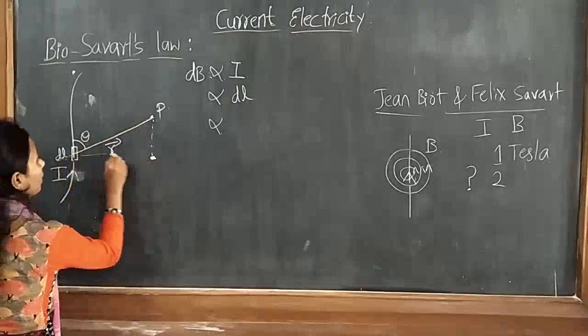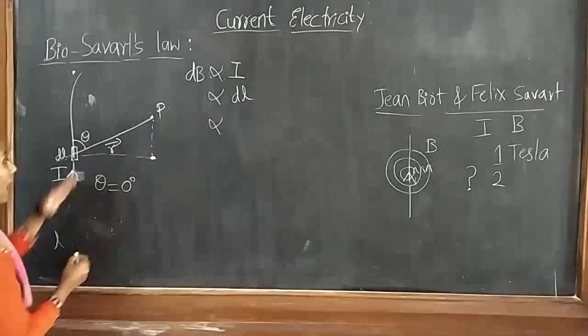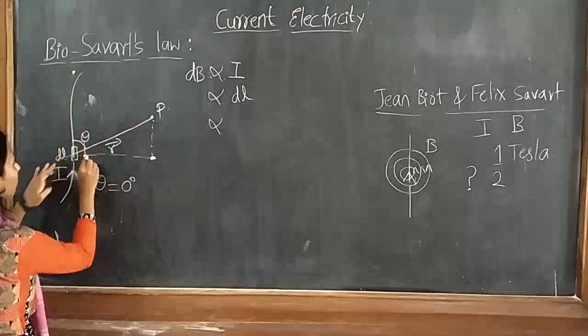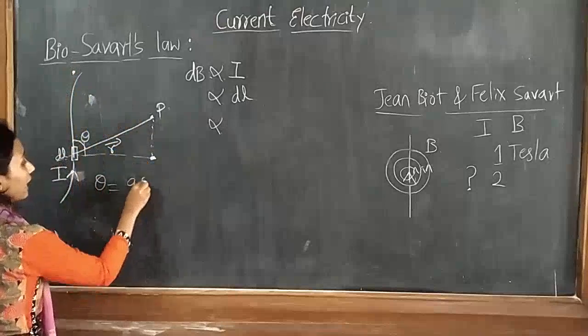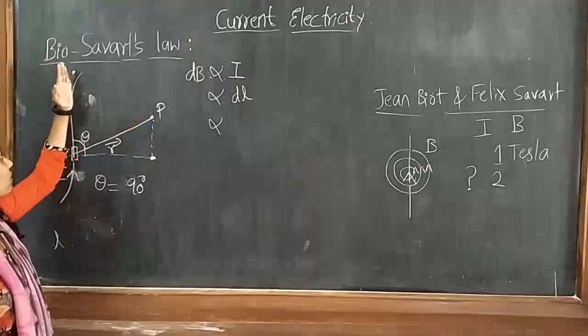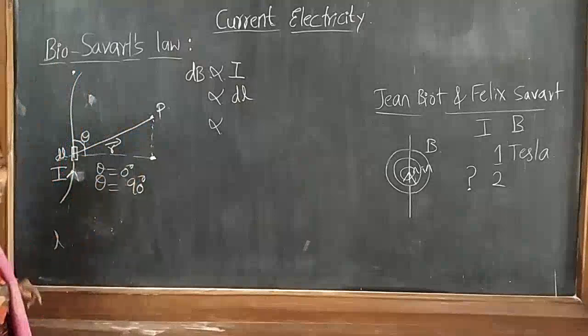When it is here, theta is equal to 0 degree. And when it is here, the angle becomes 90 degrees, isn't it? And if the point comes here, the angle becomes theta is equal to 0 degree.